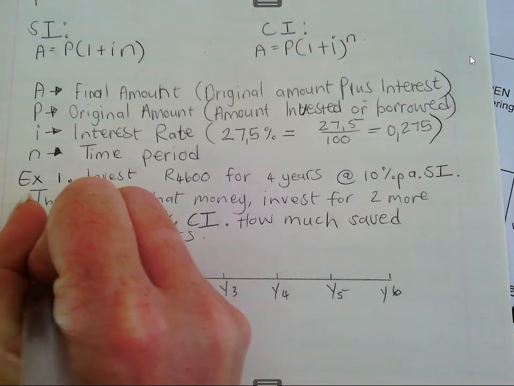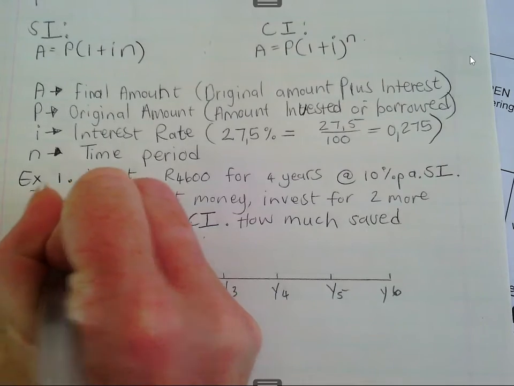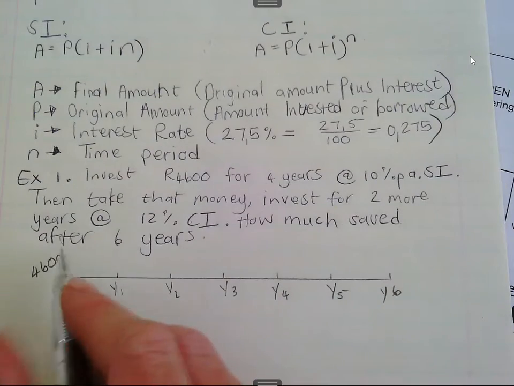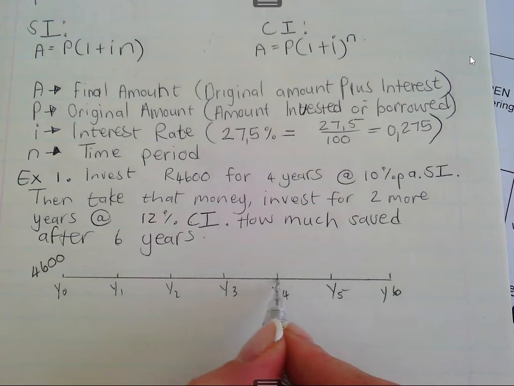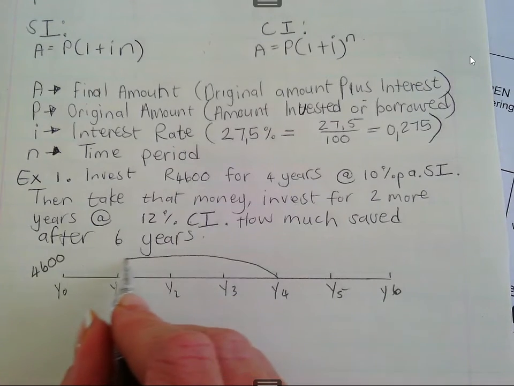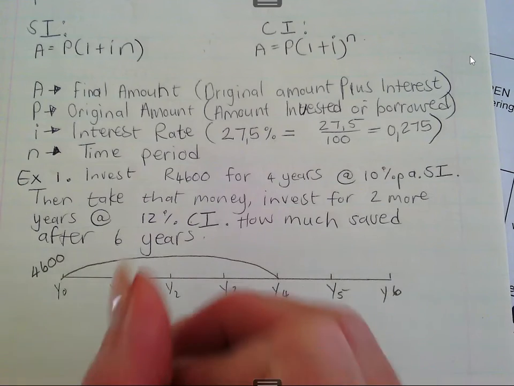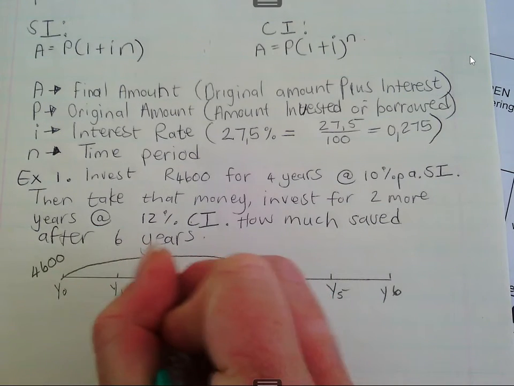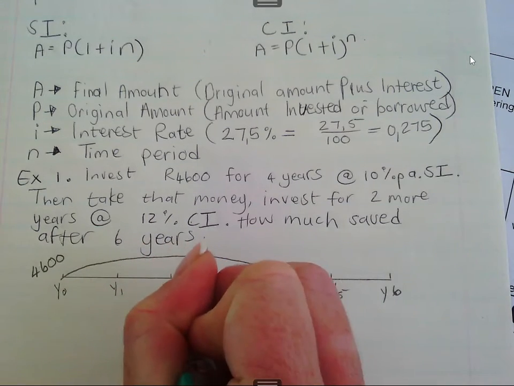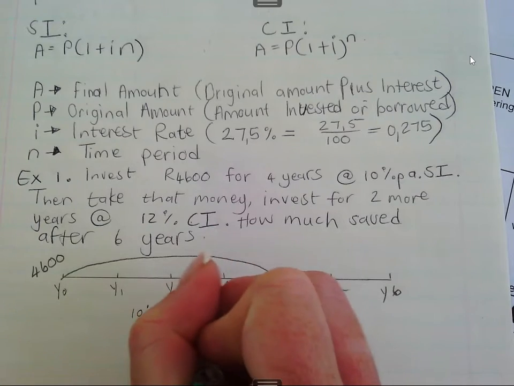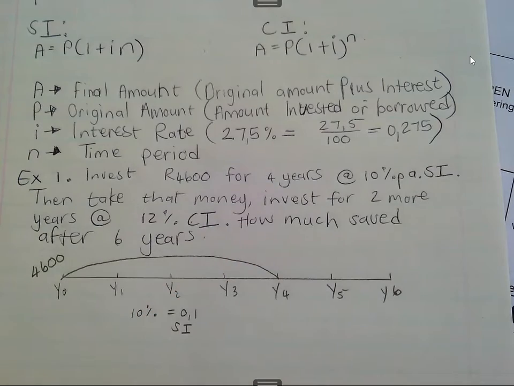I start with 4,600 Rand. Do you agree with that? That is invested for 4 years at the interest rate of 10%, which can be given as 0,1, and this is simple interest. Do you agree?